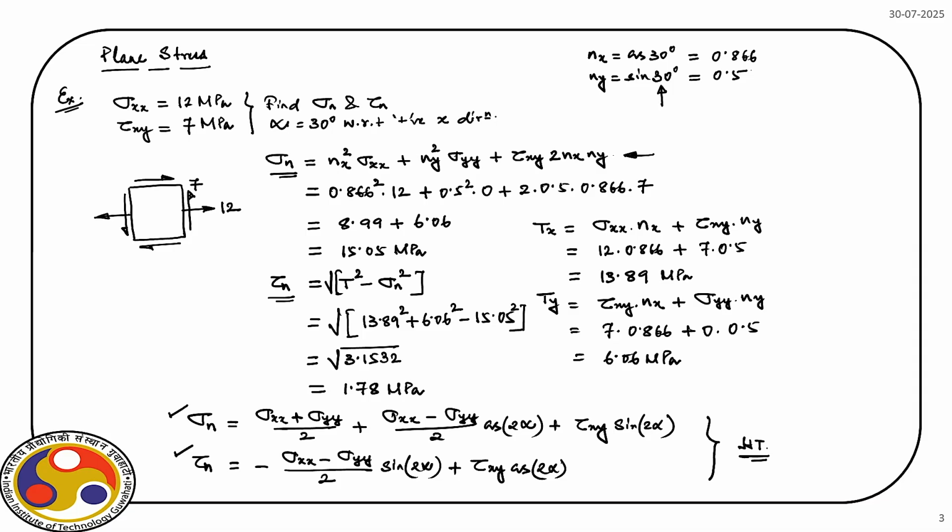So, the first part is now answered. So, let us check what should be the Mohr circle for this problem. Okay. So, for that we have the stress block, 12 and then 7.